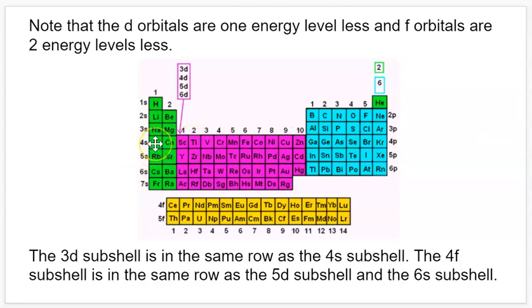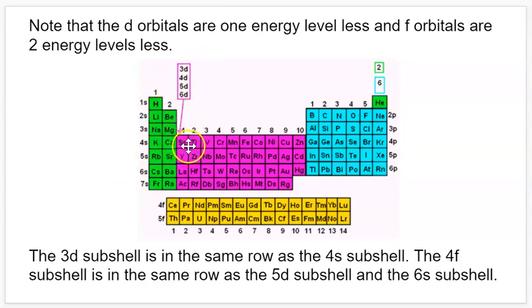So the 4s1 and 4s2 corresponding to potassium and calcium, that 4s subshell is going to fill before the 3d subshell. So just remember that the D block here is going to be 1 energy level less than the corresponding S subshells for that level.